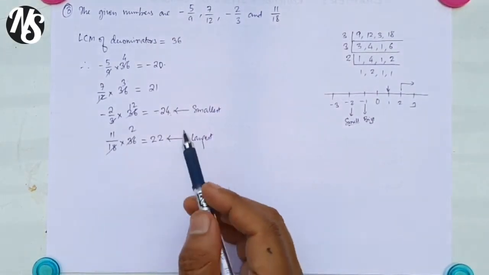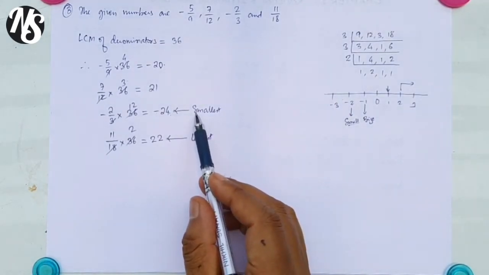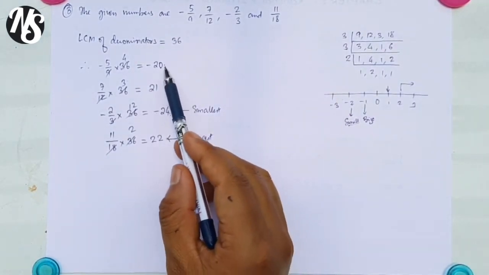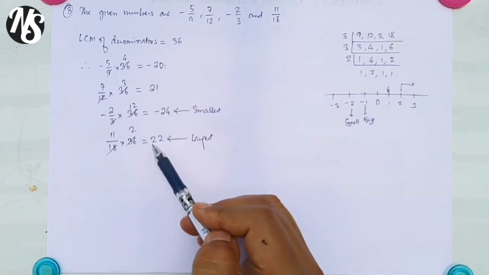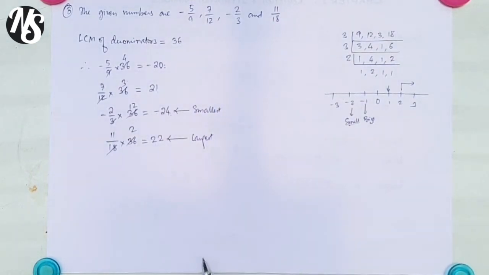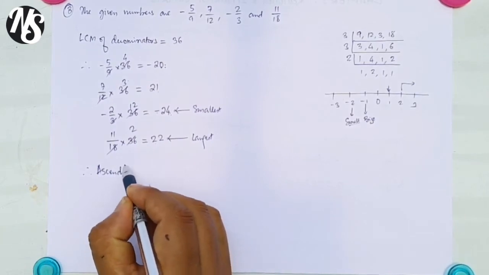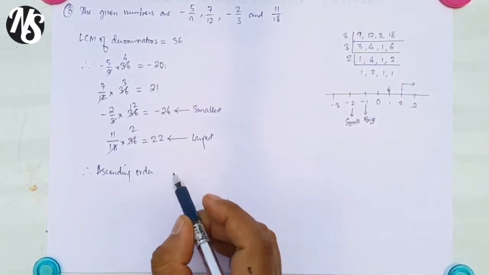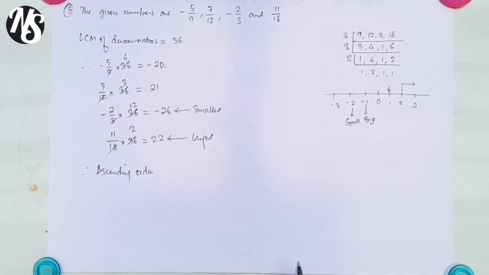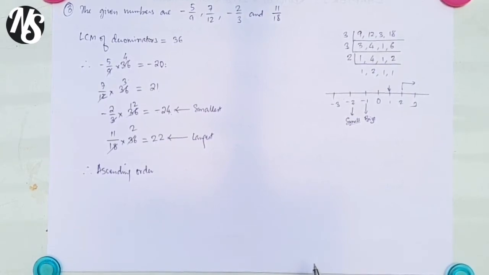So this is the largest, this is the smallest. Next smallest is this one, next is this one, and the largest is this one. So therefore, ascending order. How do you write ascending order? You have to write the smallest first.